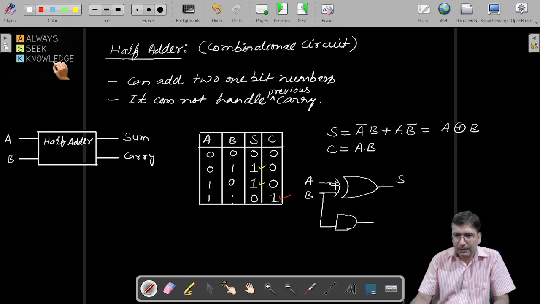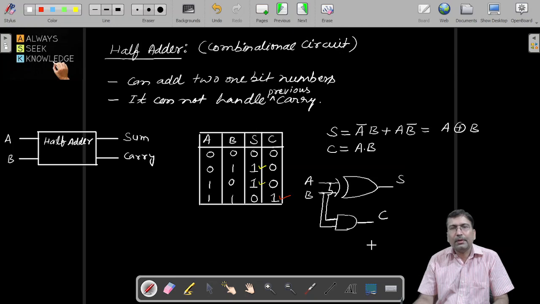There's another input we are taking as A. A is coming from here, and we are connecting like this, right? So here we are getting carry. This is the diagram for the half adder, right?